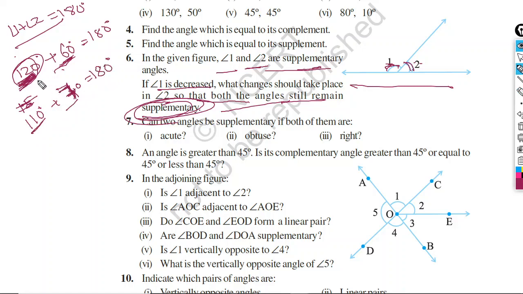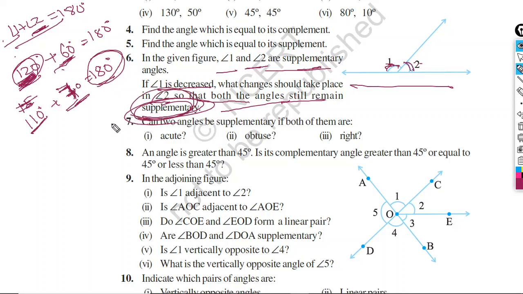Now what you see, if you decrease angle 1 by 10 degrees, you have to increase angle 2 by 10 degrees. Since 110 plus 70 equals 180, they remain supplementary.